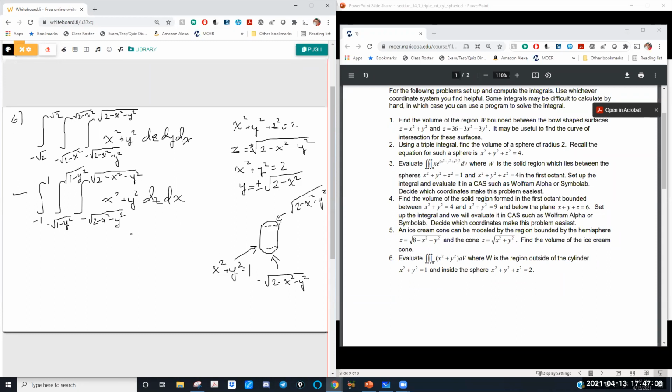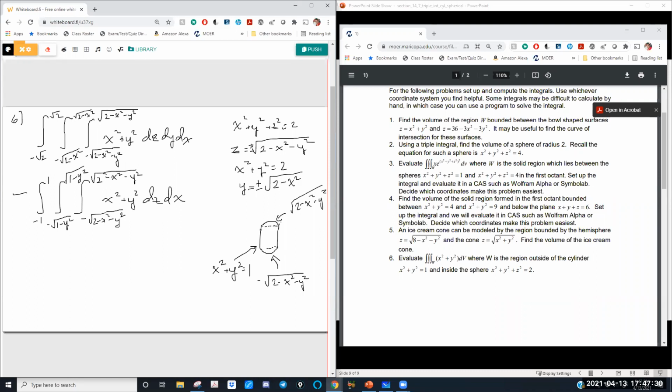I know it's a bit messy. Is this accounting for the top and the bottom of the sphere? Yes, they're accounted for right here and here.